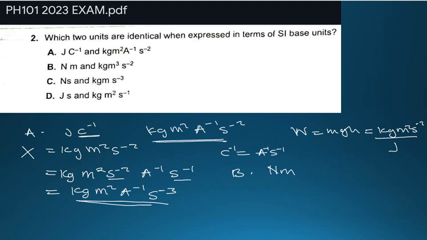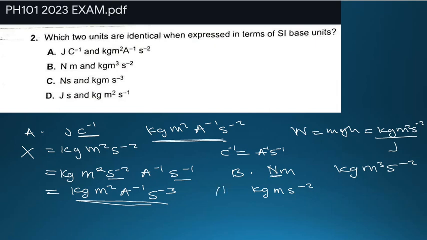Newtons times meters, to be compared to kg meter squared and s to the power negative 2. What is Newton, guys? Newton is just the units of force, and force is given by kg meters per second squared.